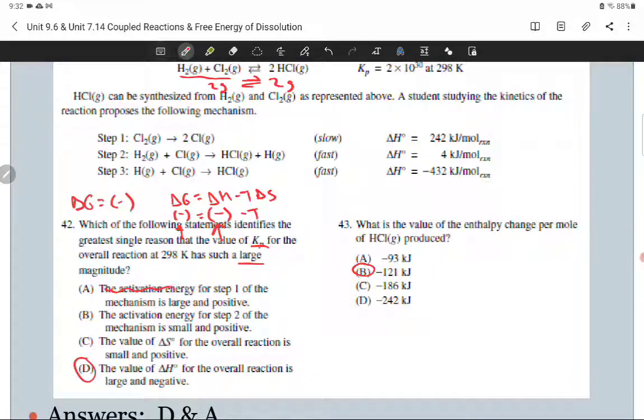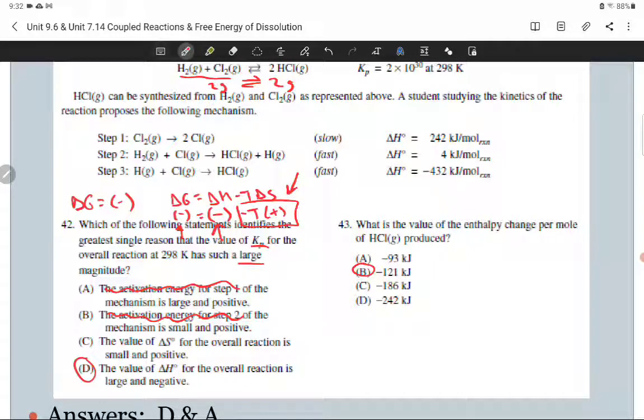Well, activation energy, we know that's not going to be a reason. Delta S being small and positive: if it's small and positive, that makes this small and negative. So that certainly can help make the delta G negative, but this small amount, if this was positive, wouldn't be able to make delta G negative.